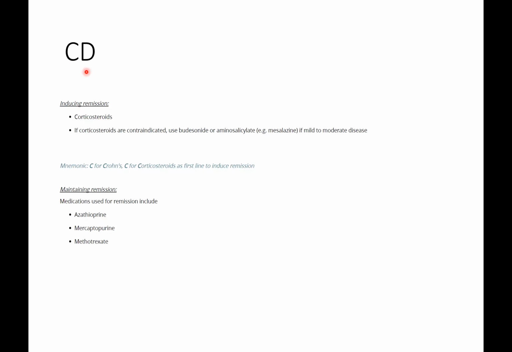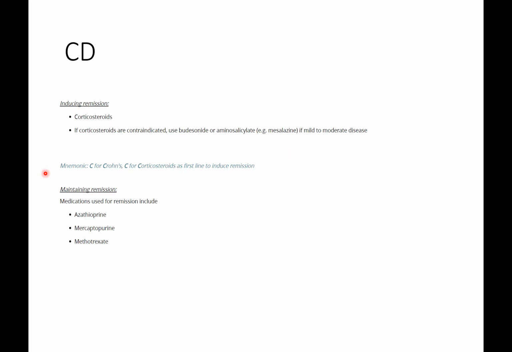Speaking of Crohn's disease, one important difference is that in the induction of remission, you start with corticosteroids, unless there were indications, then you can go with aminosalicylates. And here is also a mnemonic: C is for Crohn's and C is for corticosteroids as a first line to induce remission.